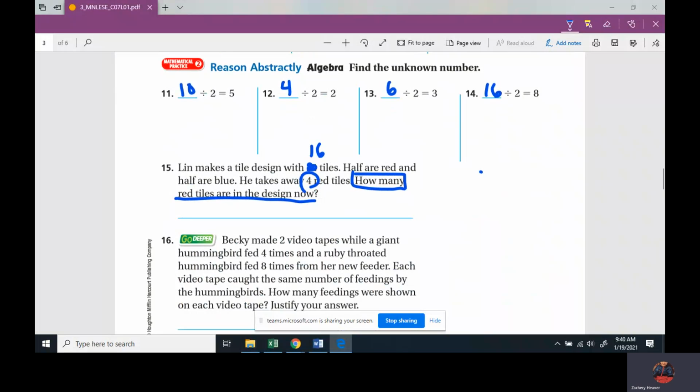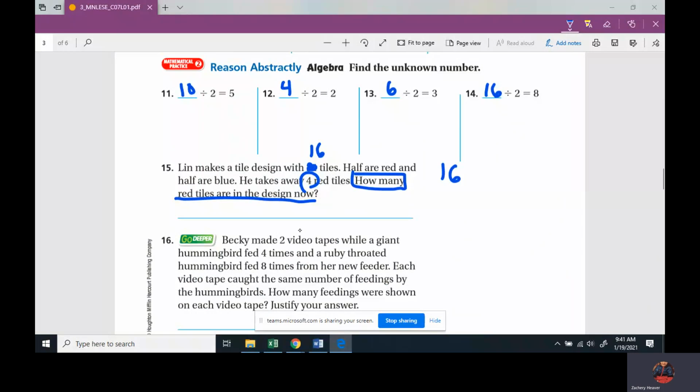Okay, so how am I going to find half? What do I have to divide by to find half? Think about this. You make a sandwich and you cut it in half. How many pieces do you have? 2. So if we want to find half, we divide by 2.